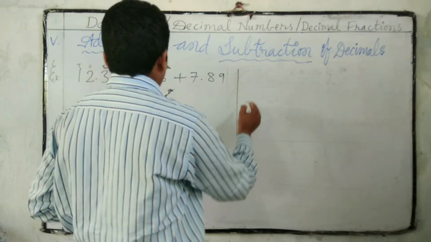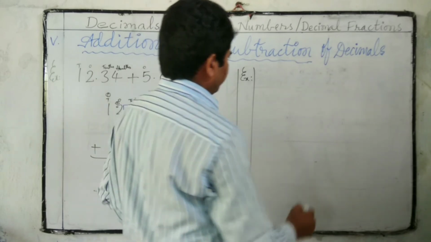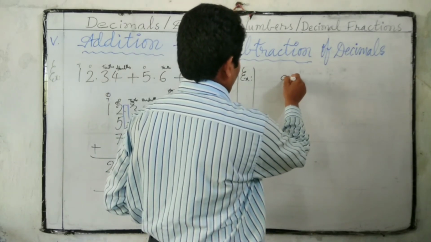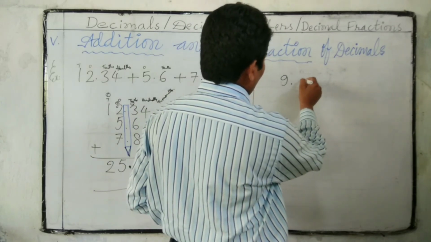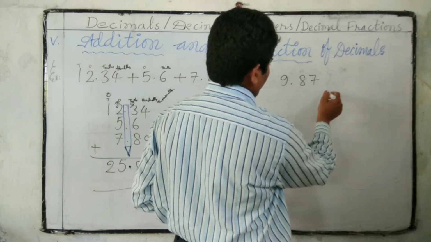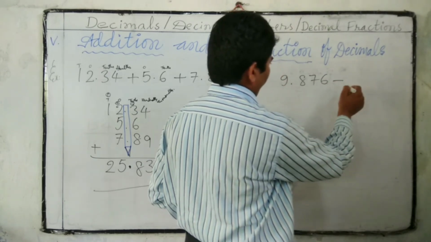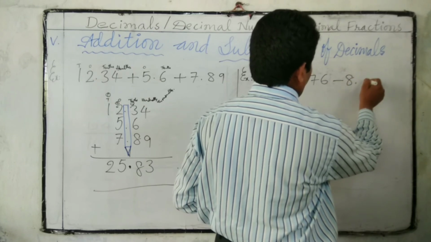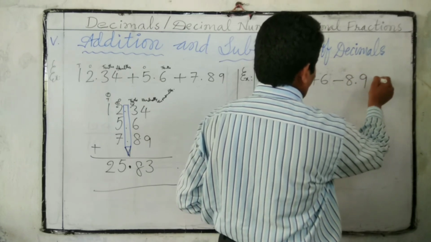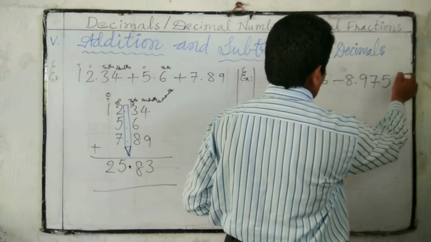Now, example for subtraction. 9.876 minus 8.9754.